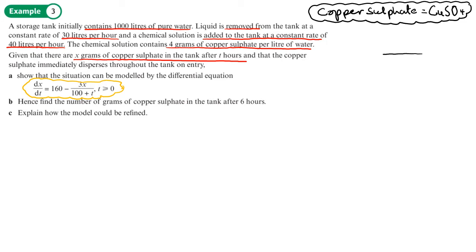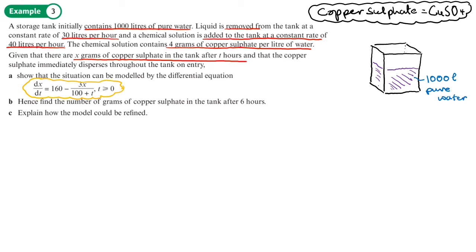So I've got some sort of tank here that's got chemicals in it, or chemical being poured into it like this. So it's already got 1,000 litres of pure water in it, as opposed to impure water.